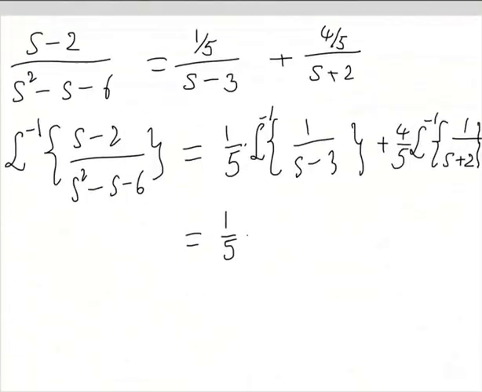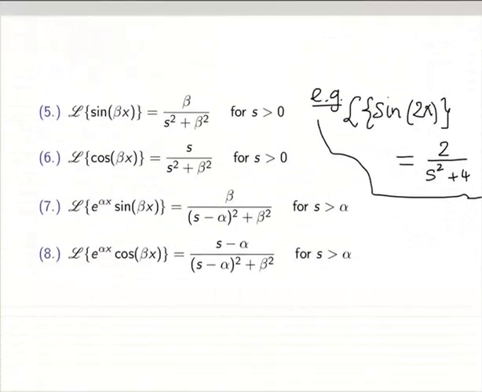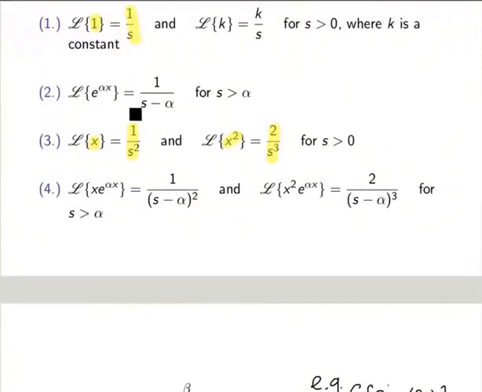So we have 1/5. This gives us e to the 3x plus 4 over 5 times the inverse Laplace transform of 1 over s plus 2. Then again, we need to look at formula 2.